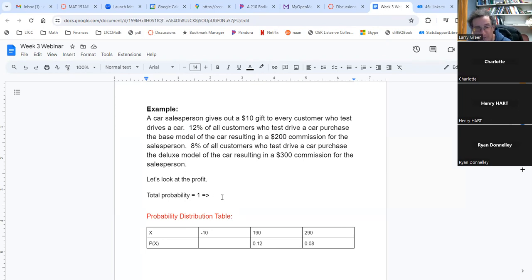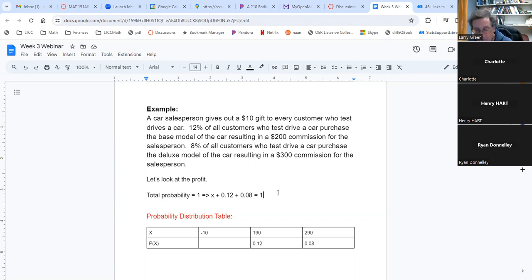So I'm just going to call the first one X, the one I'm interested in, plus 0.12 plus 0.08 equals 1. Any questions on that little bit of math right there? That's a part of probability. If you add up all the probabilities of anything that could happen, you always get a 100% chance, or a 1.